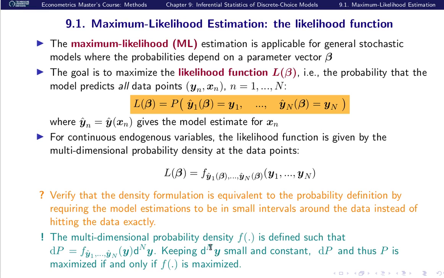If one keeps the volume element constant, then that means the differential probability will be maximized, and thus the probability will be maximized. So this is more or less equivalent.